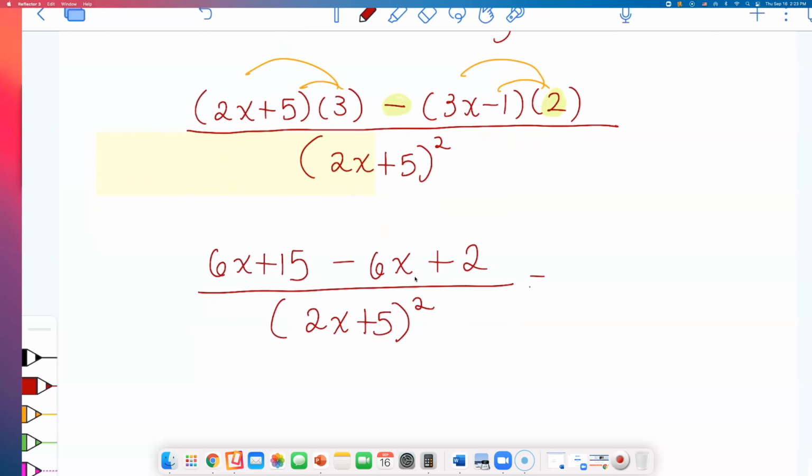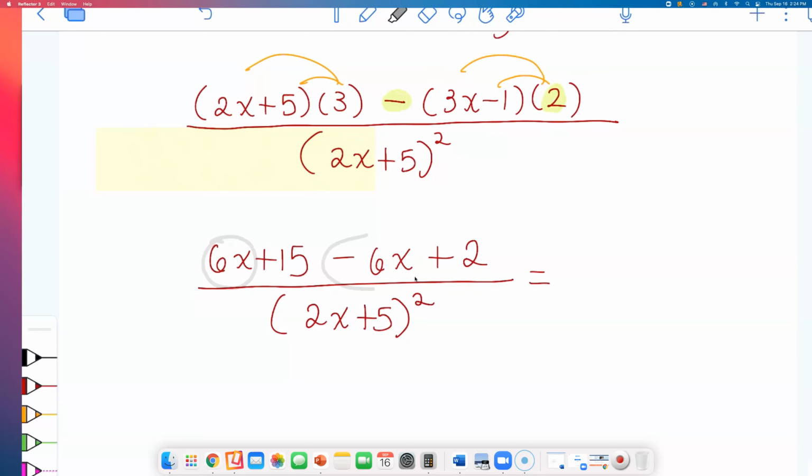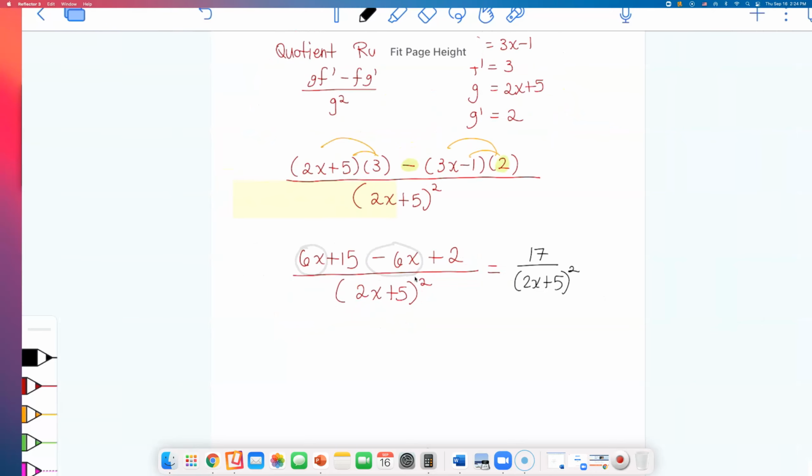And when I'm simplifying these like terms on the numerator, look at that. This 6x will cancel out with this negative 6x, leaving us with the numerator of 17 and 2x plus 5 squared in the denominator. So an embedded quotient rule that we have to solve.